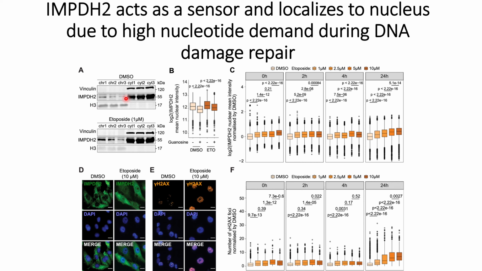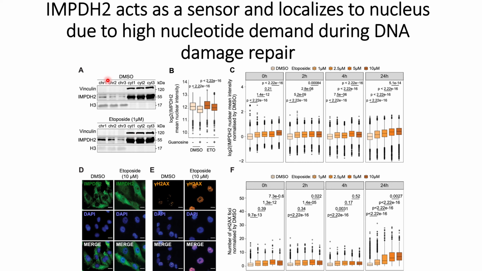So it seems like their hypothesis that IMPDH2 moves towards the nucleus is correct, as they do not see any significant increase in IMPDH2 in the chromosome compared to the cytochrome. We can see a slight increase, but the increase in the cytochrome is more compared to the increase in the chromosome.